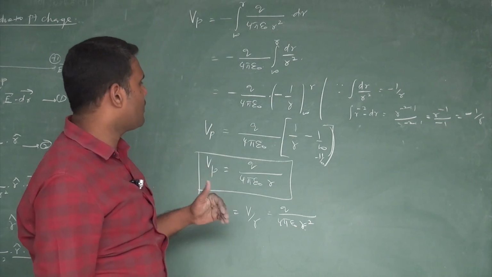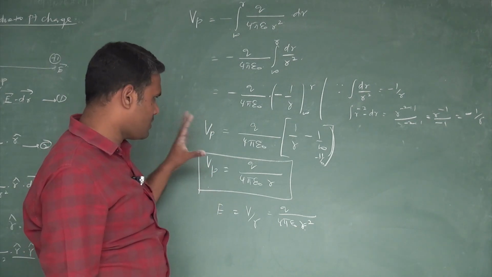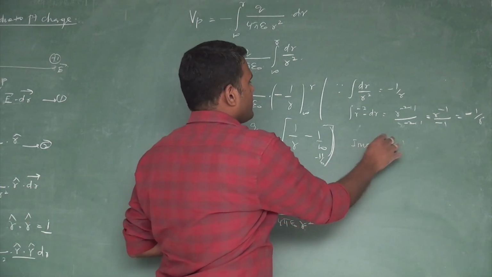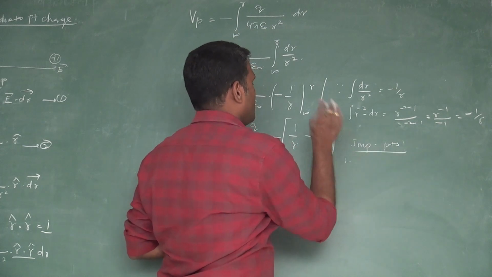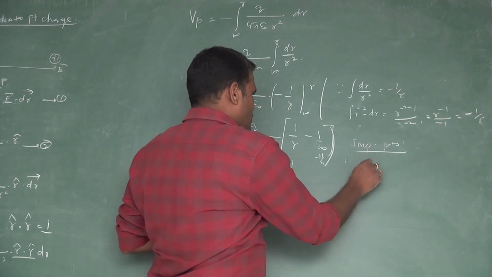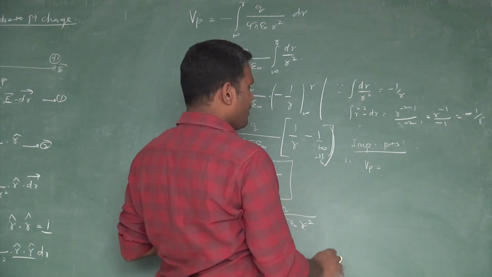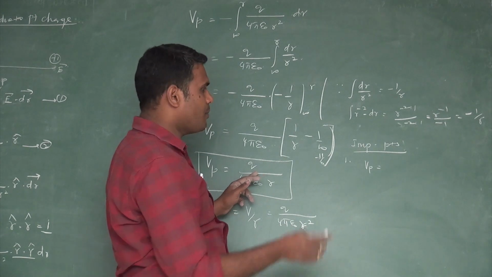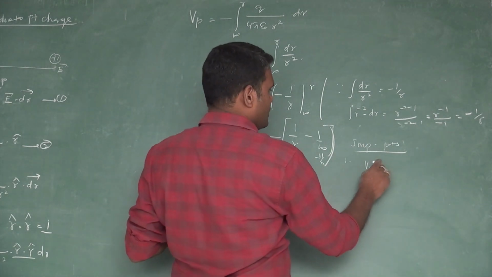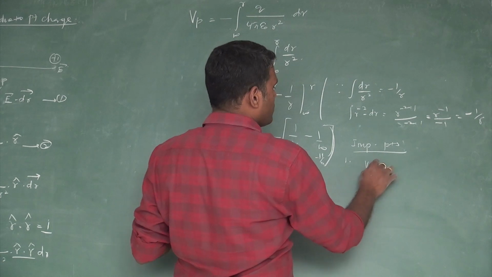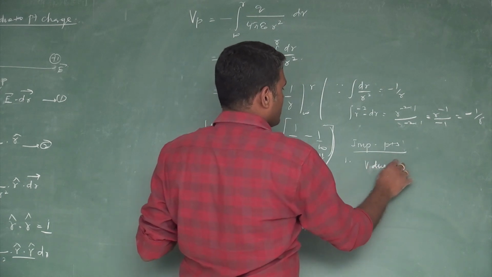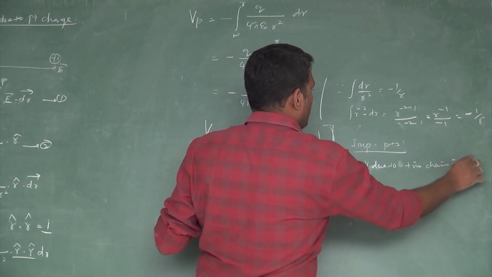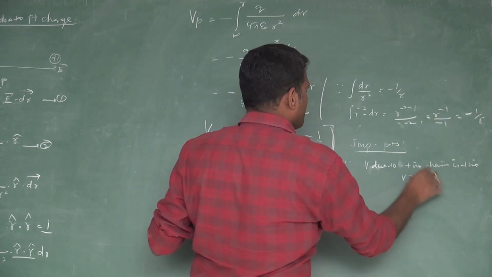What are the important inferences that we can make from this result? Important points. 1. As we see here, the potential around a positive charge is positive. So V due to a positive charge is positive, so V is greater than 0.